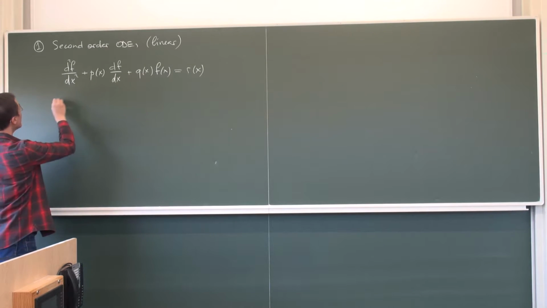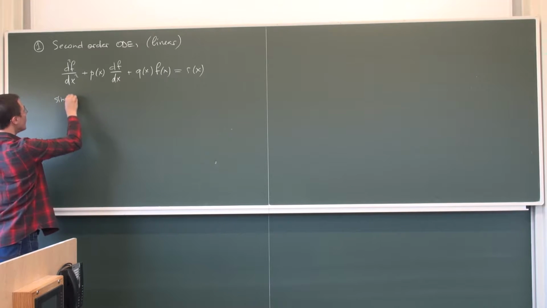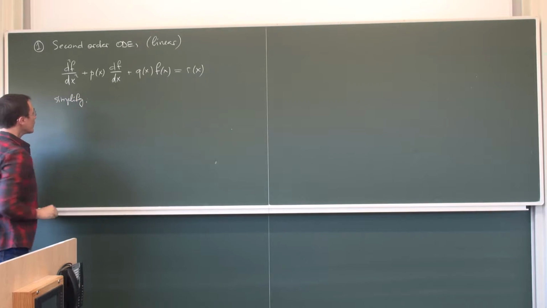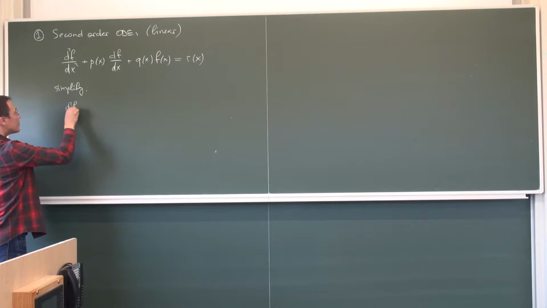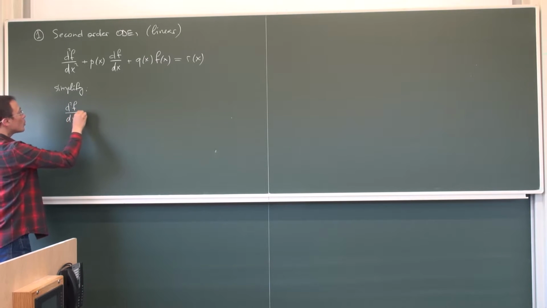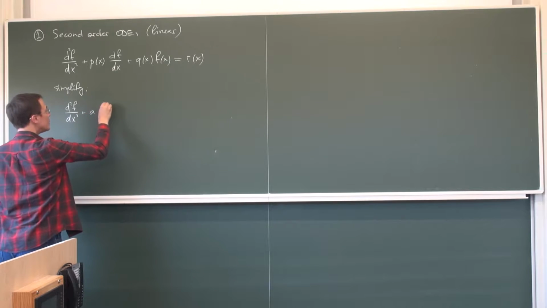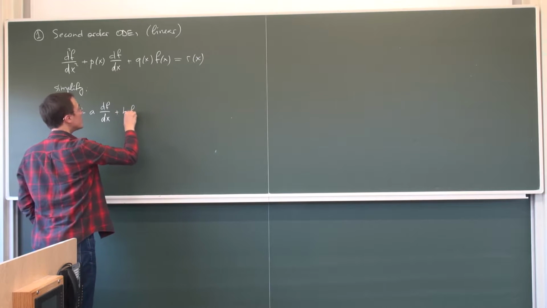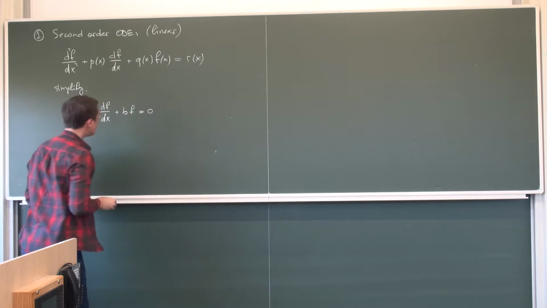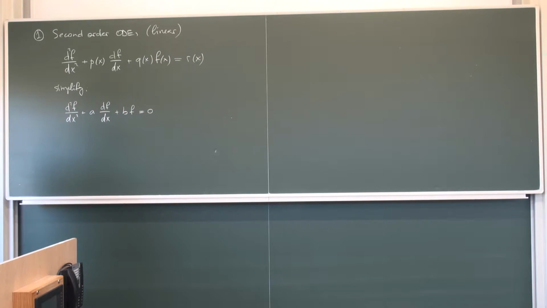So, simplify down, because we only have one lecture for it, to d²f by dx² plus a df by dx plus b f equals 0.